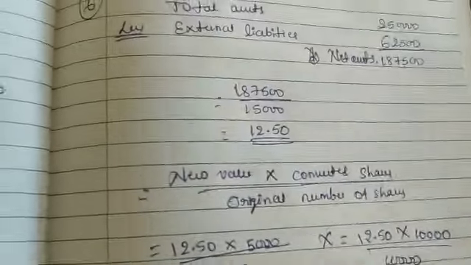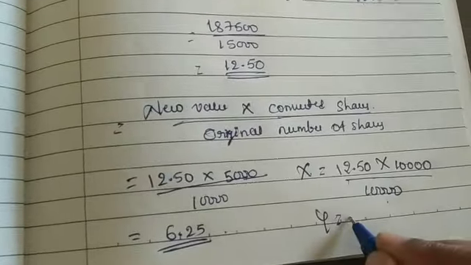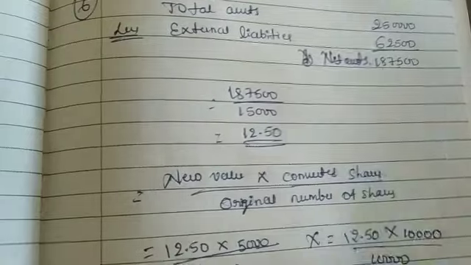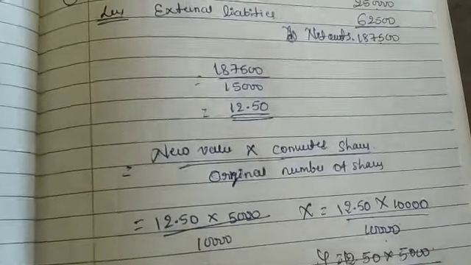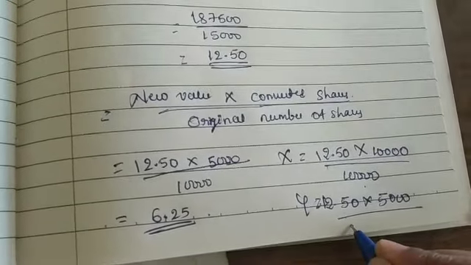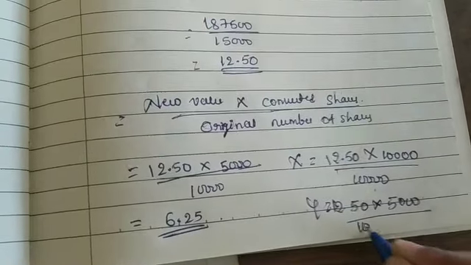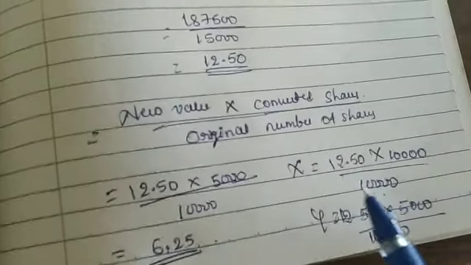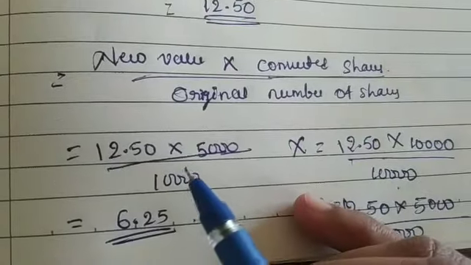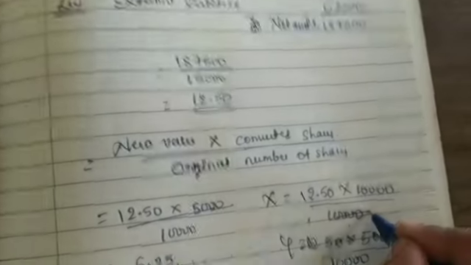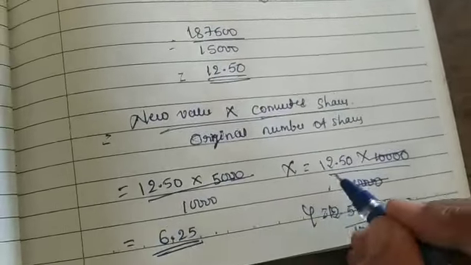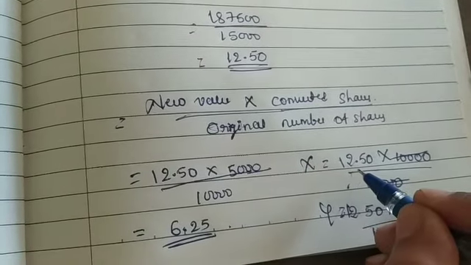Similarly for Y, the new value is 12.50 into the converted shares, only 5,000, divided by the original number of shares, also 10,000. Simplifying, for X type we get 12.50, as the 10,000 cancels with the 10,000. So the value of the X type share is 12.50.